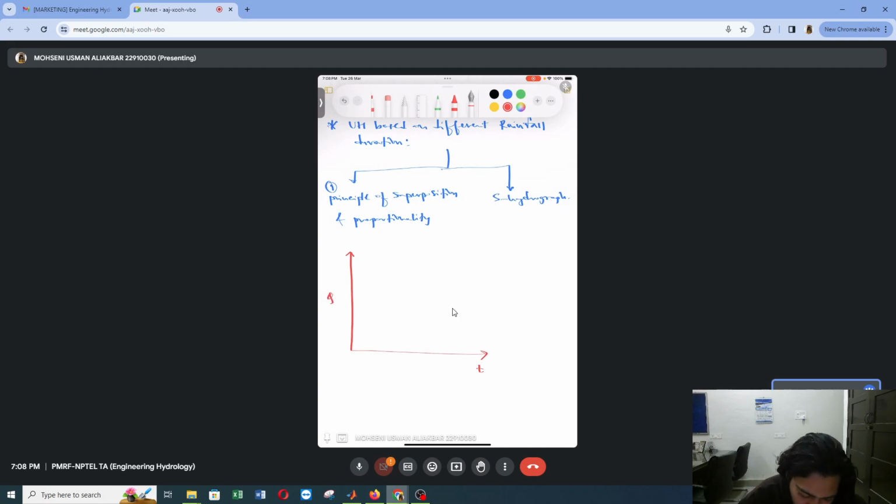Let us say we have an effective rainfall of dr, so this is that effective rainfall, and the duration for that effective rainfall is capital D. For this input of effective rainfall, there will be some runoff. At time t equals 0, the runoff that will be generated because of this would be something like this.